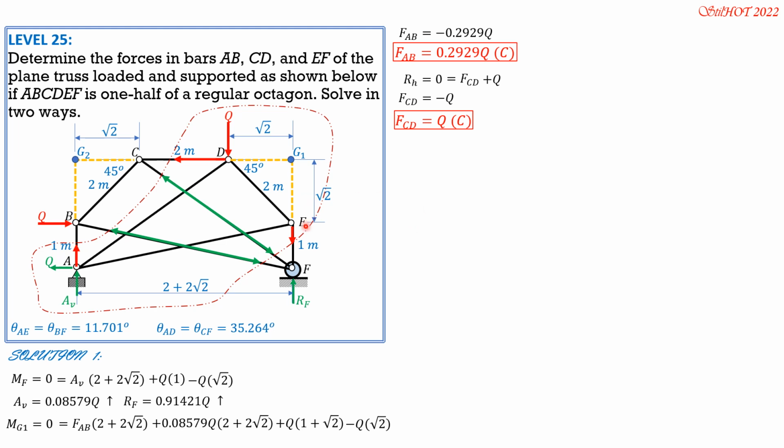Then for FEF, you may sum up forces vertical or moment about G equals 0. Then let's check later if it is in equilibrium.